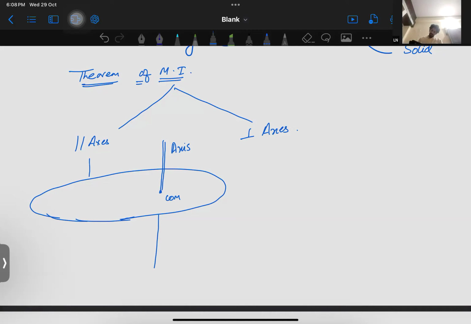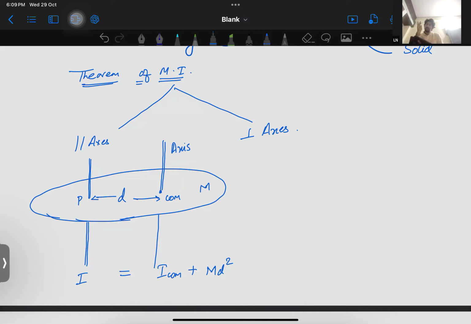And over here there is one more axis which is passing through some point over here, and this axis is parallel to that one. Its moment of inertia is I. This moment of inertia is nothing but, we'll call it I comma. What's the relation between these two? The relation between these two I values is also known as the theorem of parallel axis. This I value is equal to I comma plus the mass of this object, the full object, multiplied by the square of the distance between them.